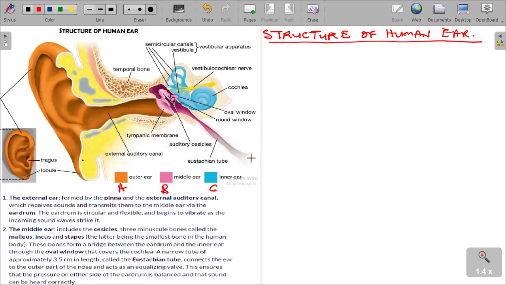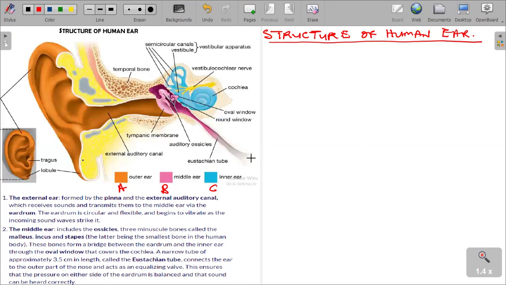I'm going to quickly look at these parts, and then we can give their functions as we go. So the structure of the ear has three parts, A, B, C: the outer ear, the middle ear, and the inner ear.